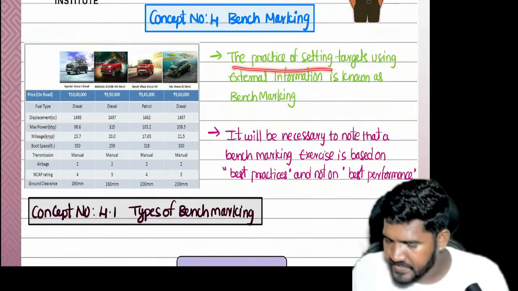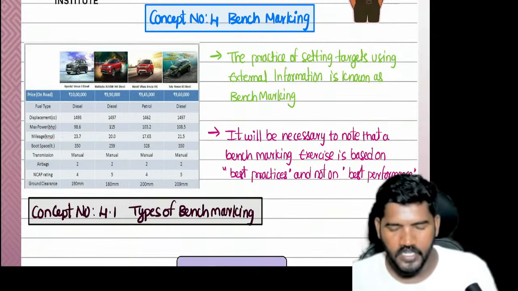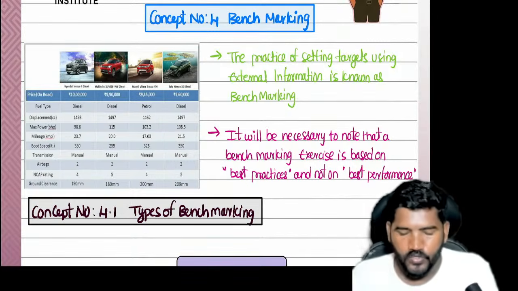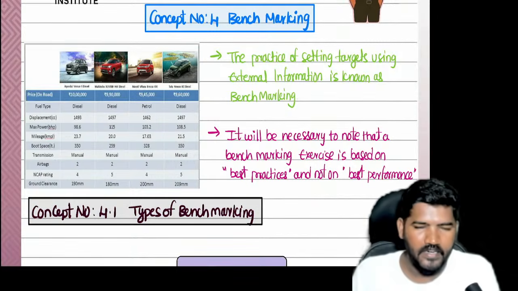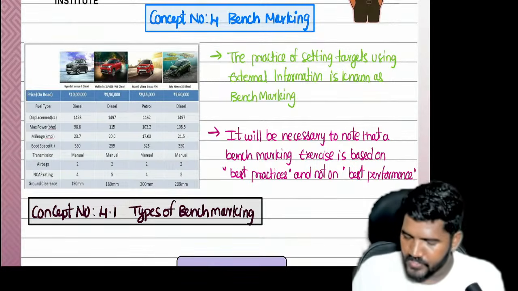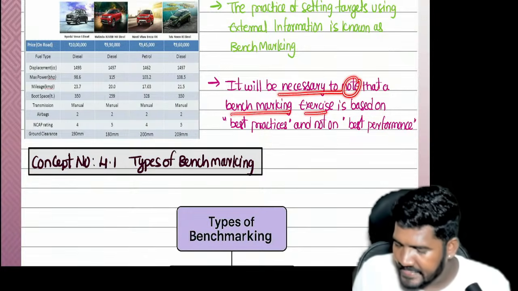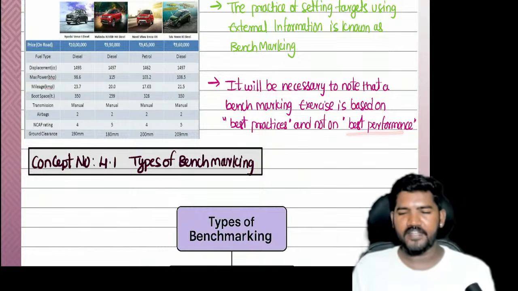The practice of setting targets using external information is known as benchmarking. Not only external information but also internal, guys. Why? Because there is an internal benchmarking concept as well. Next, it is necessary to note that a benchmarking exercise is based on best practices, not on best performance.